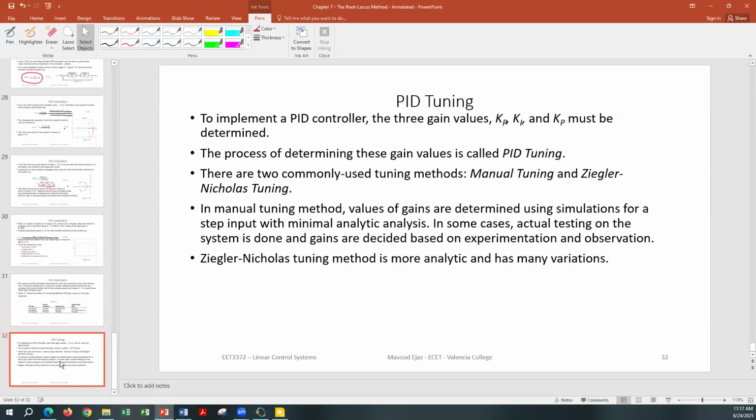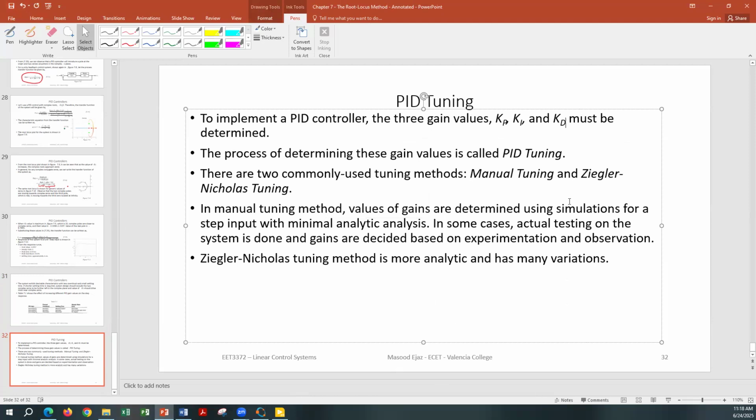PID controller tuning. Of course, tuning means that we are adjusting KP, KI, and KD. These must be determined. The process of determining these values is called tuning, and there are two very commonly used tuning methods.